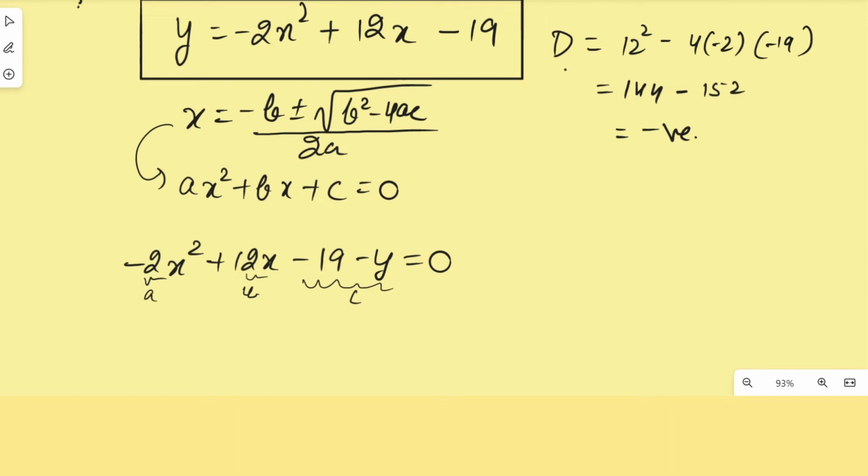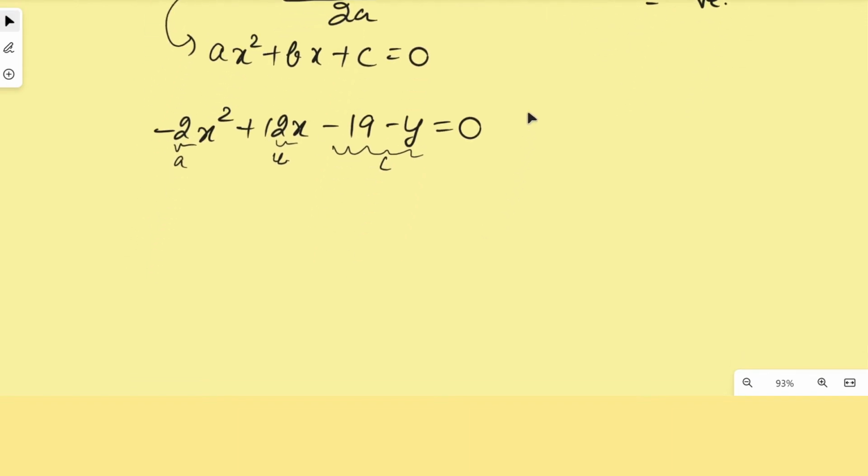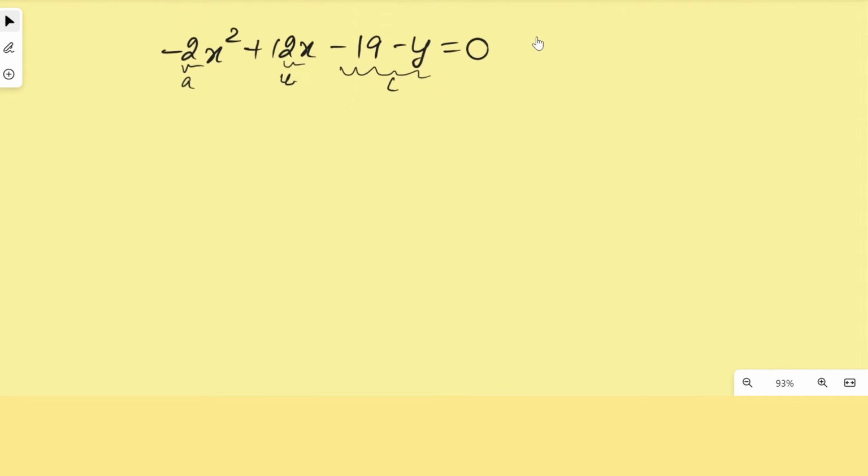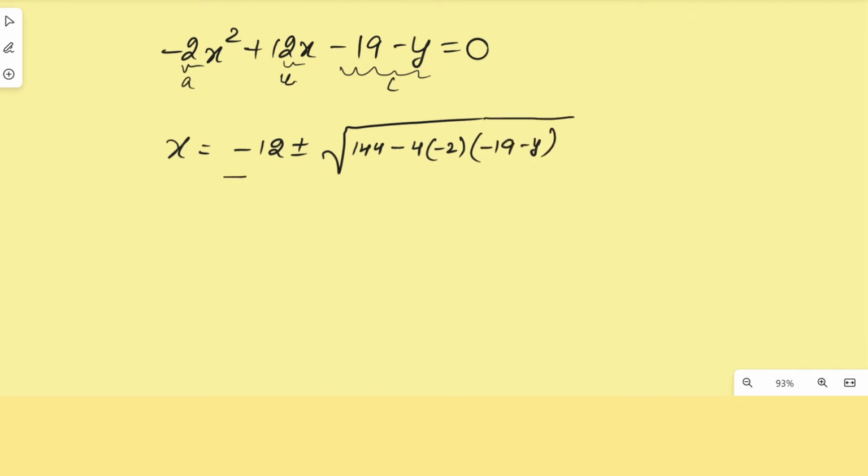So now we can go ahead and substitute these values into the formula for the quadratic equation, and we'll get the value of x as negative b, which is negative 12, plus minus square root of b square, which is 144, minus 4, a will be negative 2, and c is negative 19 negative y, right, and whole divided by 2 times negative 2.